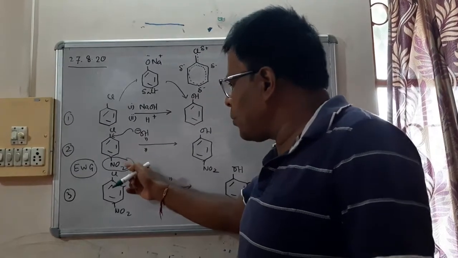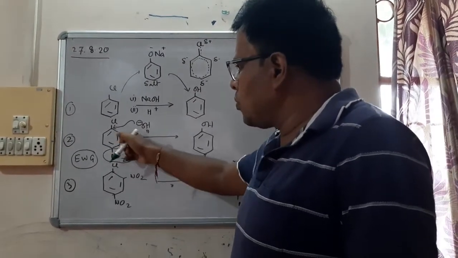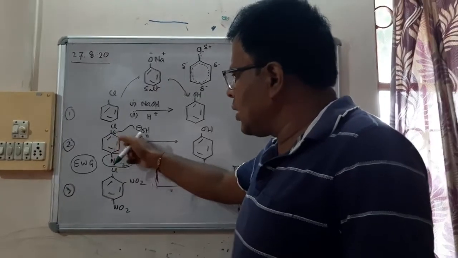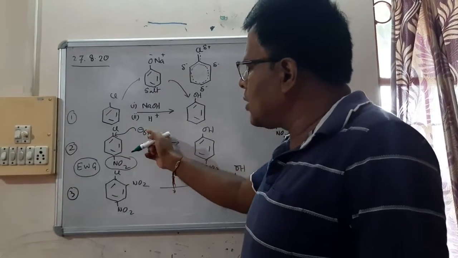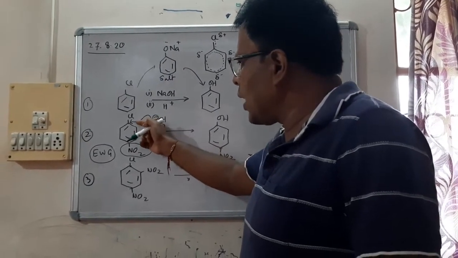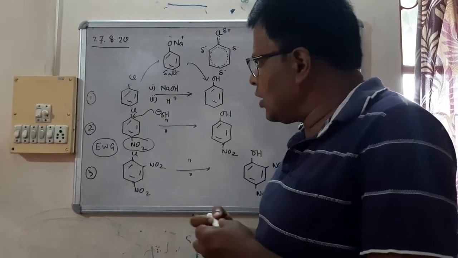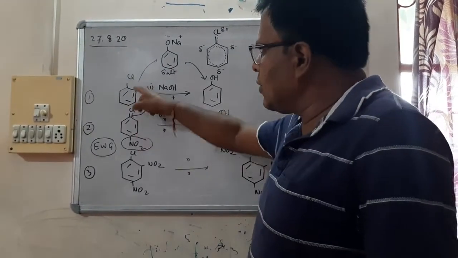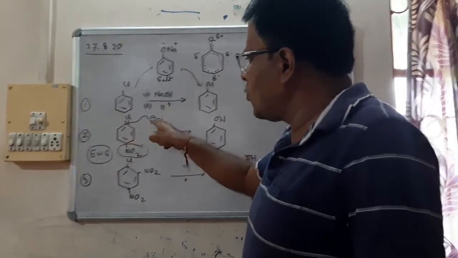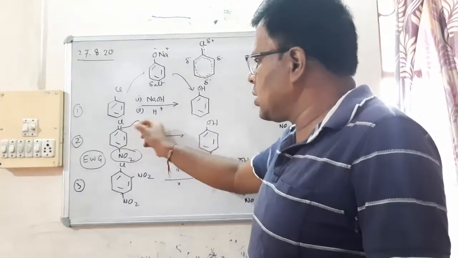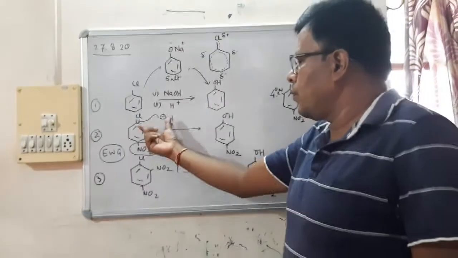So what is happening here? Due to NO2 group, electron density decreases and the nucleophile is able to attack. We had already seen why haloarenes are less reactive, because between this nucleophile and this electron rich species there occurs repulsion.